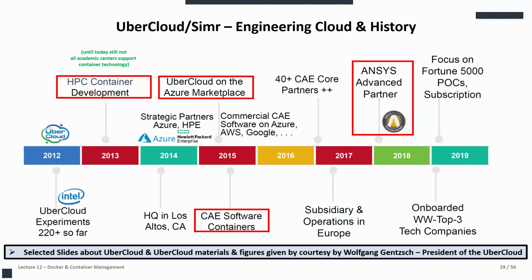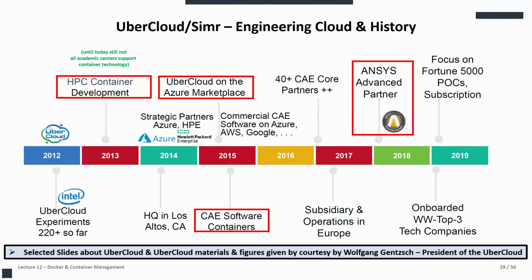You see 2013 HPC container development, and it is still, in many of the HPC centers, a topic which is very new. We use Apptainer or Singularity. I will come to this at the end very briefly.